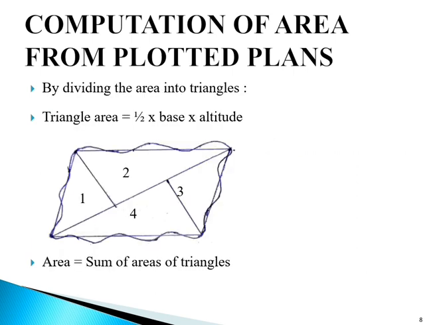So let's see dividing the area into triangles first. Triangle area will be given by 1/2 into base into altitude, or say height. You can see its image here. So area will be given by the sum of areas of triangles.